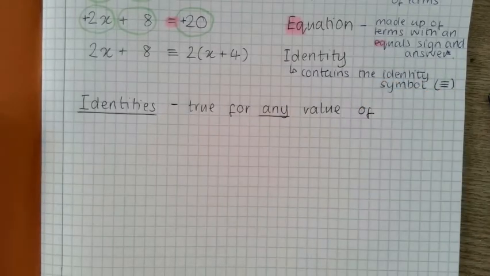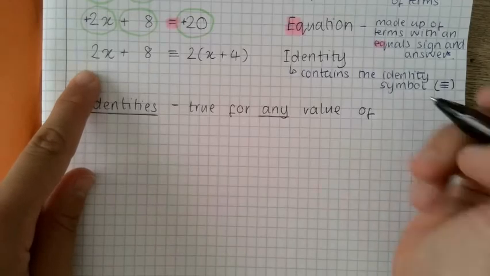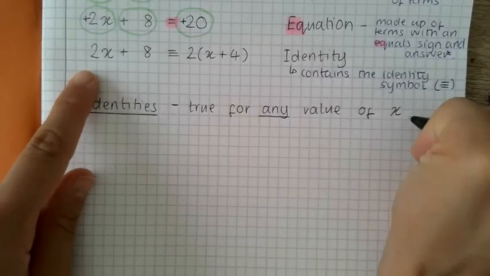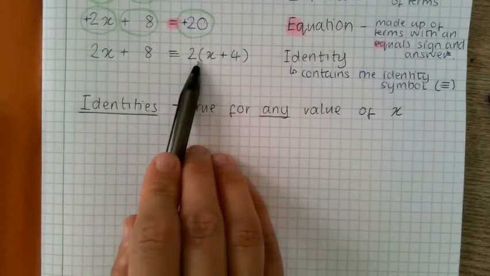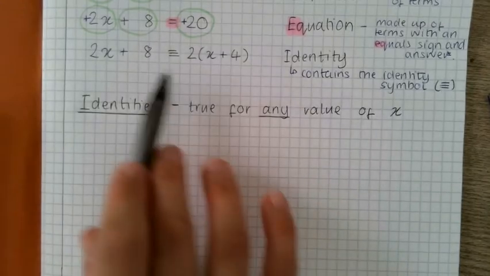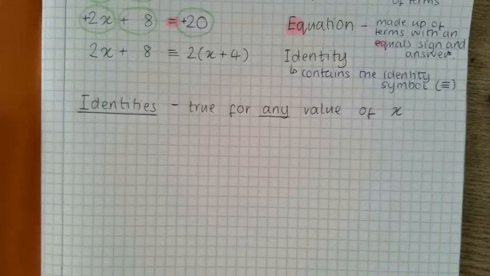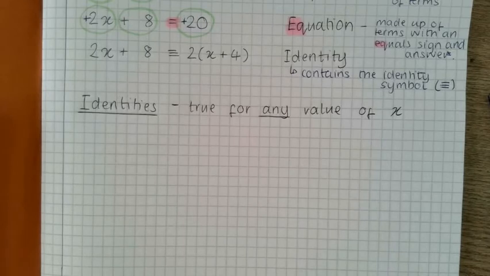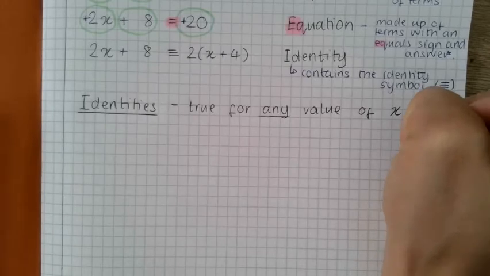Now my identity has an x in it, so I'm going to write x. But if this identity was 2a plus 8 is identical to 2 bracket a plus 4, then I would put a. But essentially the letter in the identity can take any value. It could be positive, it could be negative, it could be a whole number, a decimal or a fraction. It is true for any value of x.